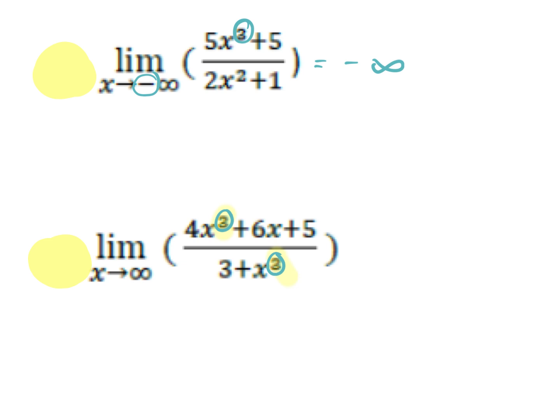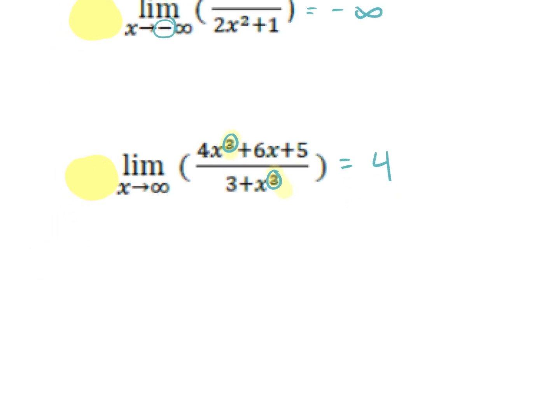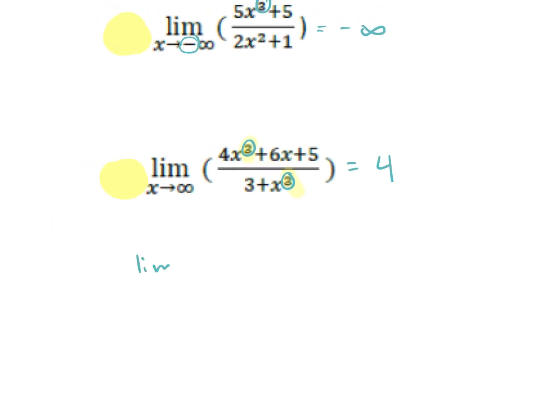The coefficients. So here, our limit would be what? 4 over 1, which would be 4. Perfect. If the denominator was greater, let's say I had the limit as x approaches infinity of x squared over x cubed, this would be 0.